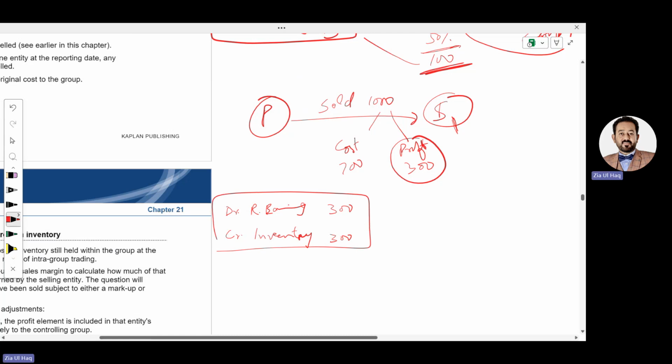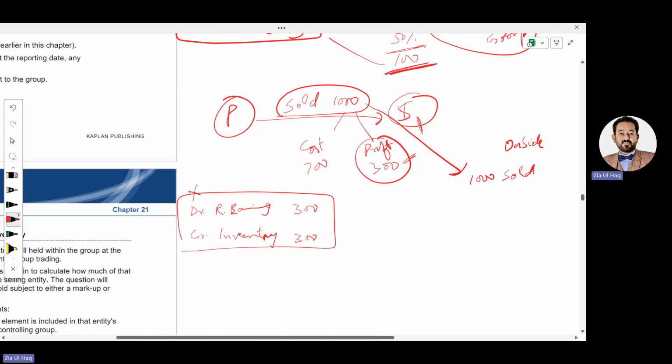But we need to make sure whether all the inventory that the subsidiary bought from the parent company still remains within the group, or some part of it was sold outside. If the complete 1000 was sold outside, then the complete 300 is realized. We don't need to pass this entry, because this 300 has been realized as we have sold the inventory outside the group.